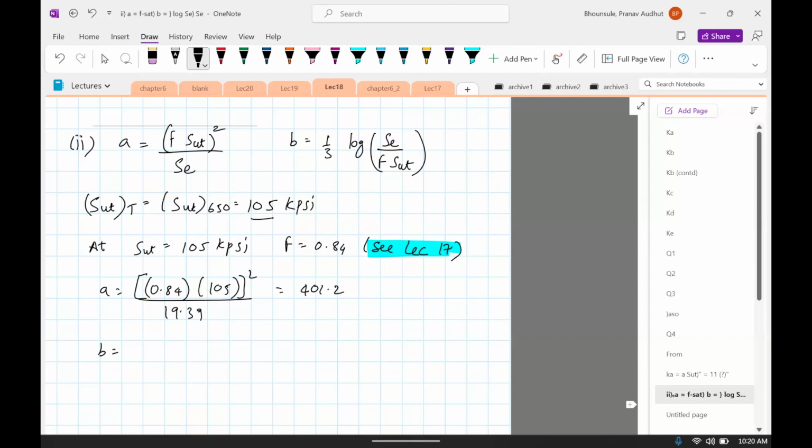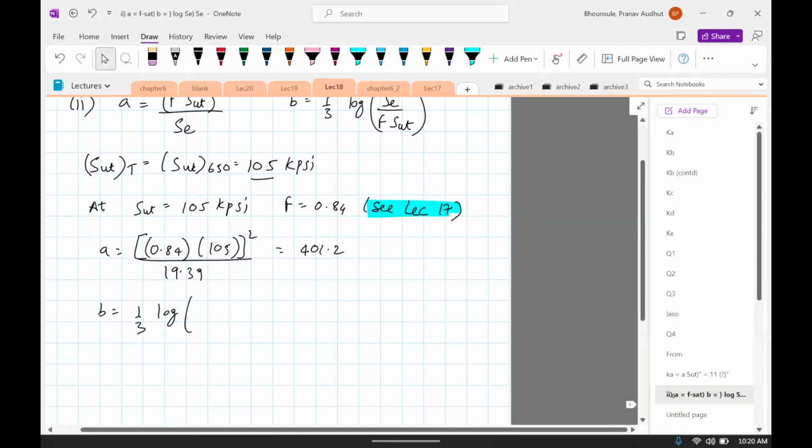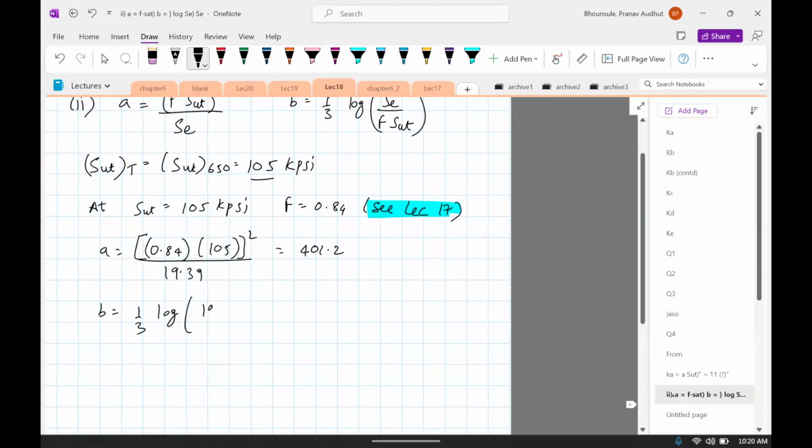So B is minus 1/3 log. This log is the natural log. Se is 19.39, f is 0.84, Sut is 105.